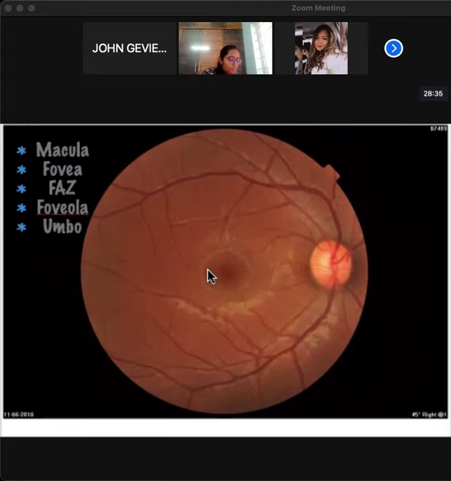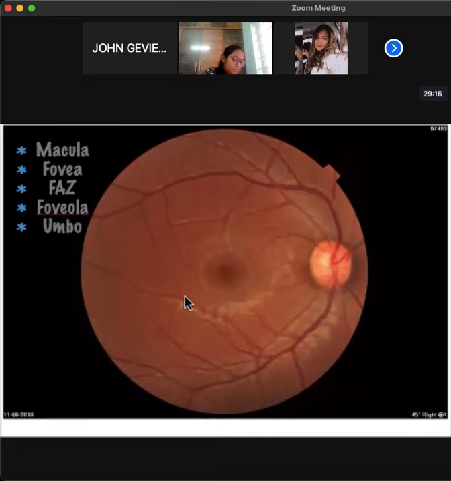So you know the photoreceptors of the retina, right? What are the photoreceptors that I'm talking about? So the rods and cones. So in the fovea or on the macula, what photoreceptor is usually abundant here? In the foveola, the central tip of the FAZ, measuring around 0.35, where rods or cones are abundant compared to the peripheral retina?